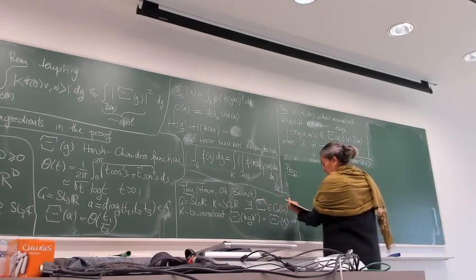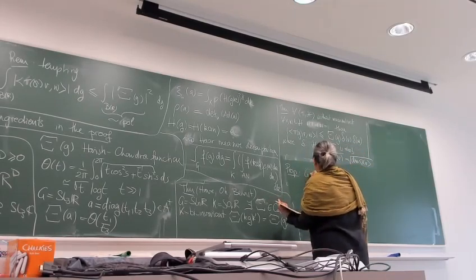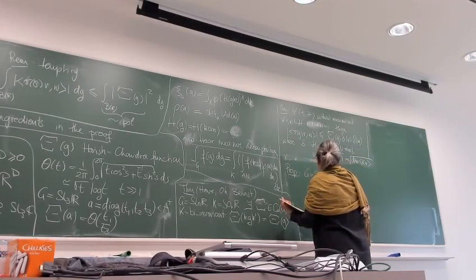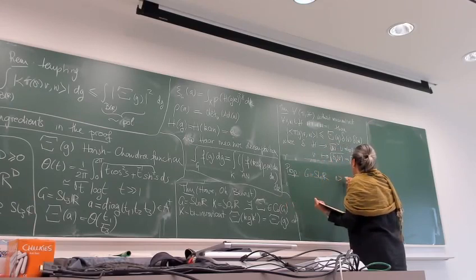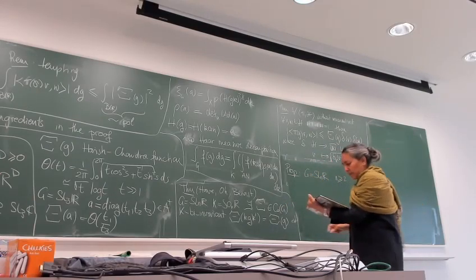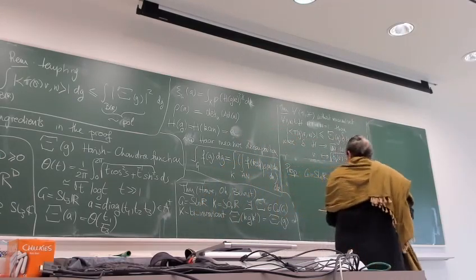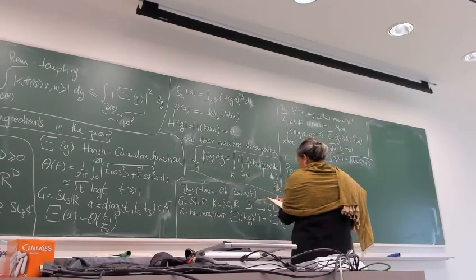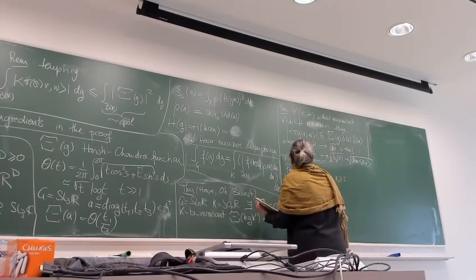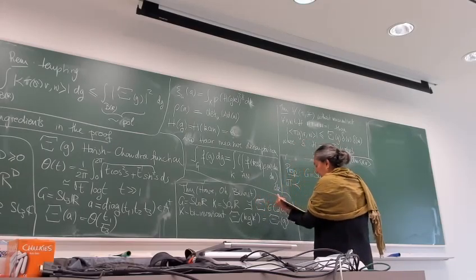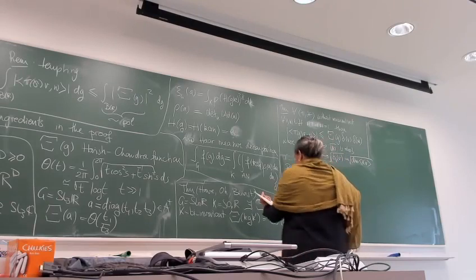Take G to be SLNR, with n greater or equal to 2, and that could be any connected real semi-simple Lie group with finite center, and you have pi, which is weakly contained in the regular representation.